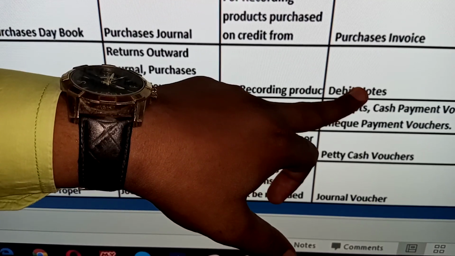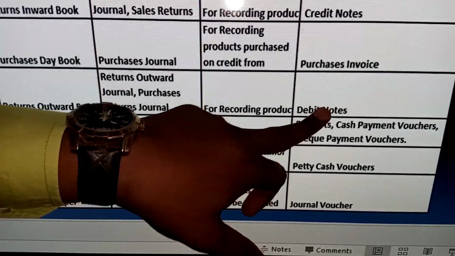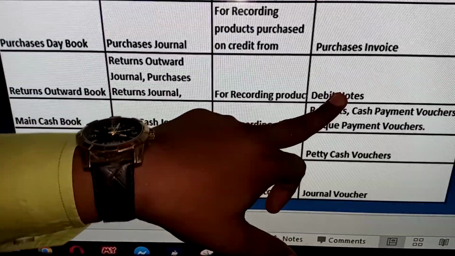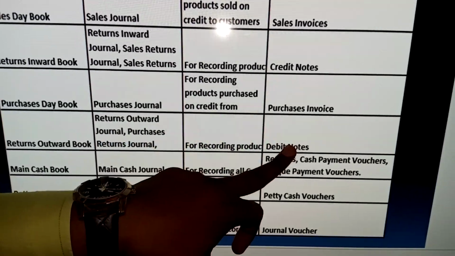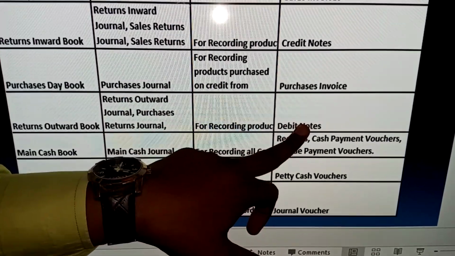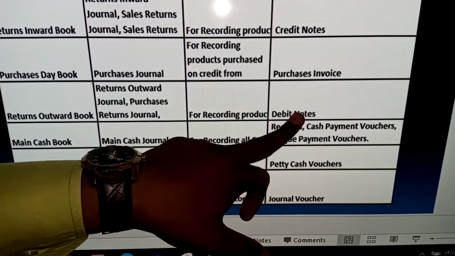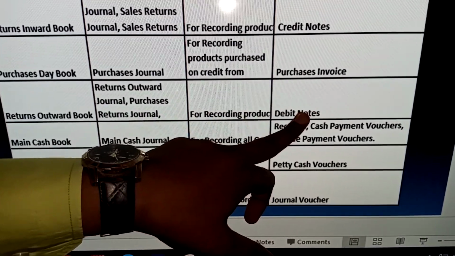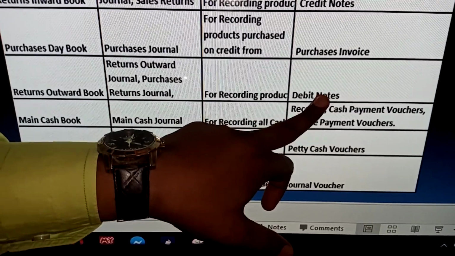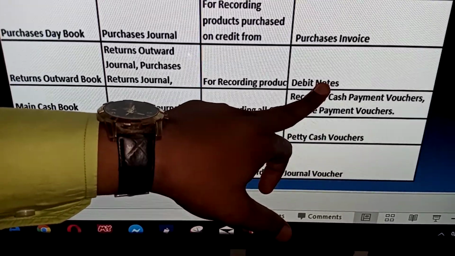That shows that you're going to debit that supplier with that amount of money. But typically, understand that what is going to be done is to receive a credit note from the supplier, as against you issuing a debit note.